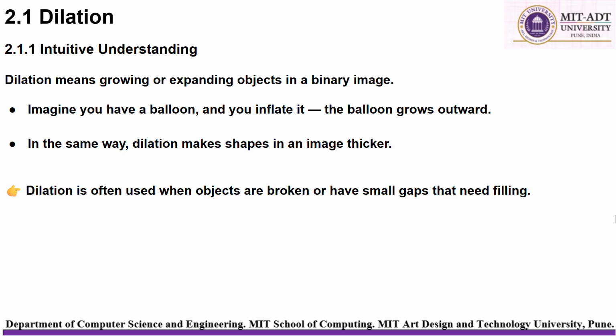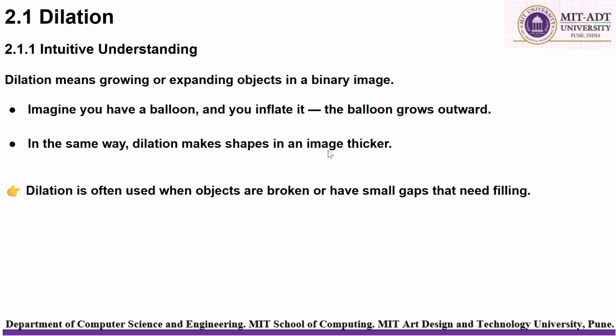The next point we will consider is dilation. The dilation operation is nothing but trying to grow or expand the objects of the binary image. Consider, for example, a balloon: if you inflate it, the balloon will grow outward. In the same way, dilation makes the shapes in the image thicker.